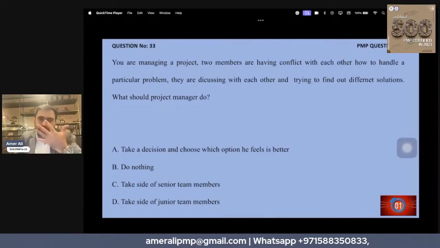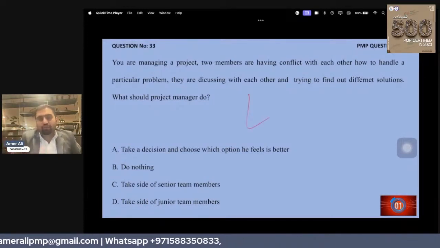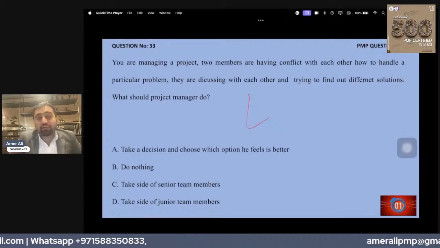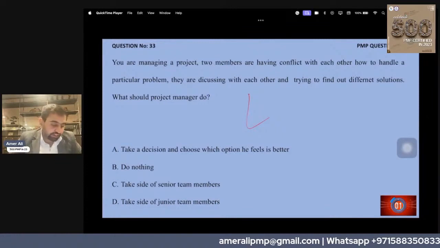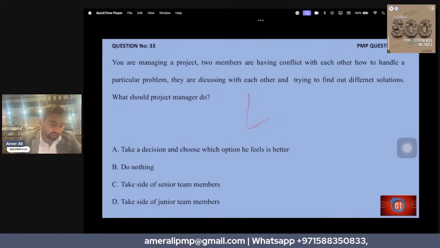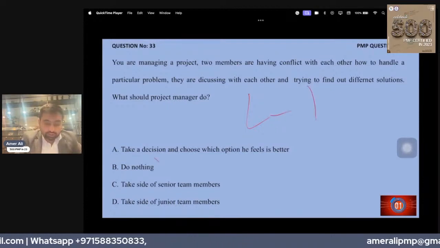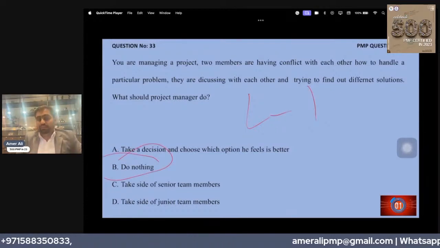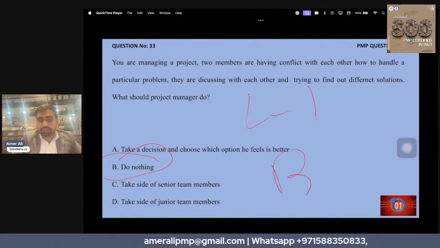We have five levels of conflict: level 1, level 2, level 3, level 4, level 5. What is the level of conflict here, guys? Put it in the chat box. Kamal, I'm happy with the question that you got. Slow down. Not level 0, level 1. So we need to do nothing. There is no level 0, it's level 1. So do nothing will be the answer. B.